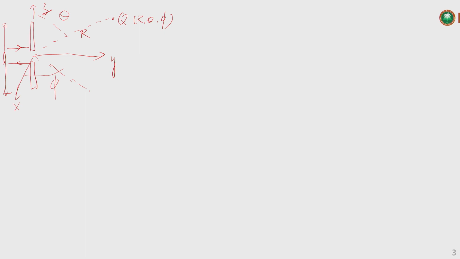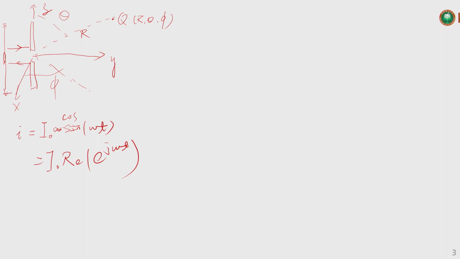Let's assume there's a time-varying current flowing inside of this line, I naught times sin omega t. Sine or cosine doesn't matter, because it can be transferred to the exponential function e to the j omega t. So this is the expression for the current flowing inside.